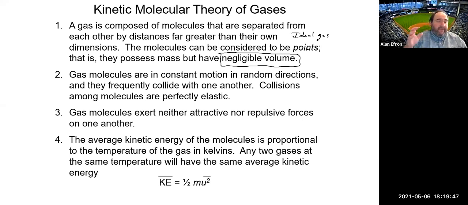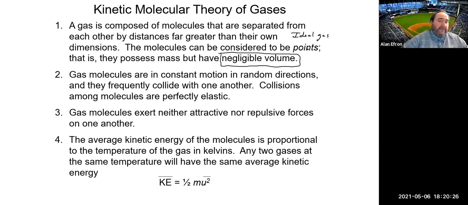And since they're flying around and they fill that container uniformly, in an ideal situation, we think about the gas as having the same volume as the actual container. And that's why when you look at a lot of ideal gas law problems, or just gas law problems in general, the volume is oftentimes referred to as the volume of the container that the gas is in, rather than the volume of the gas itself. So that's one thing that makes something an ideal gas, the idea that it has a negligible volume.